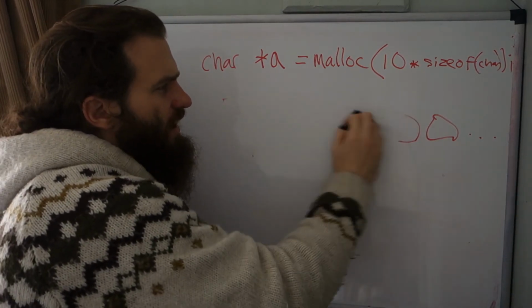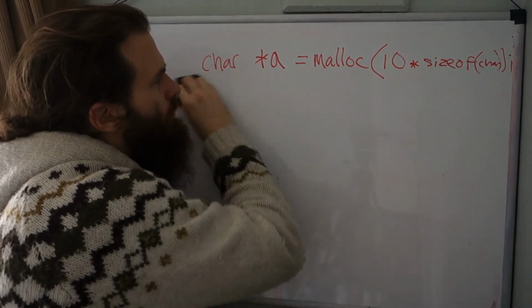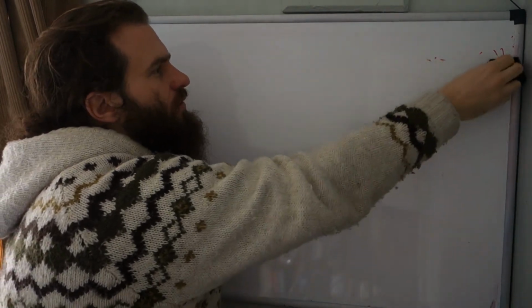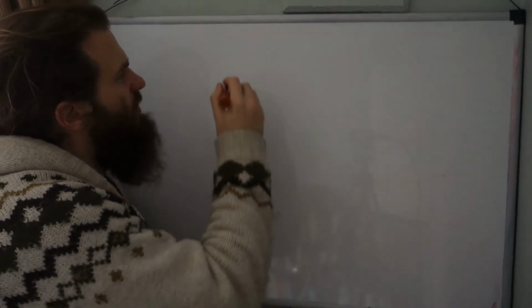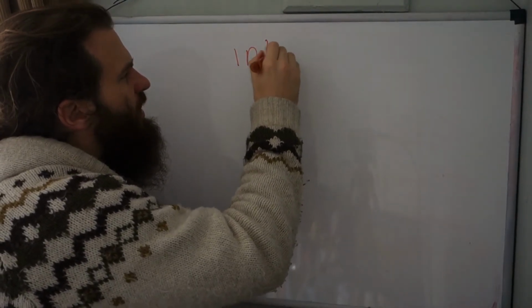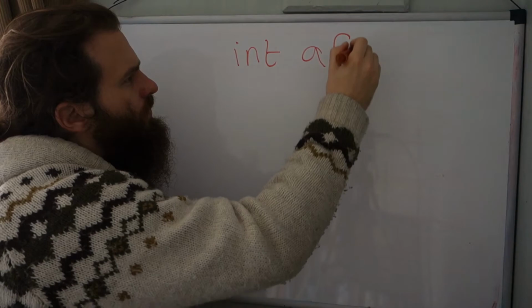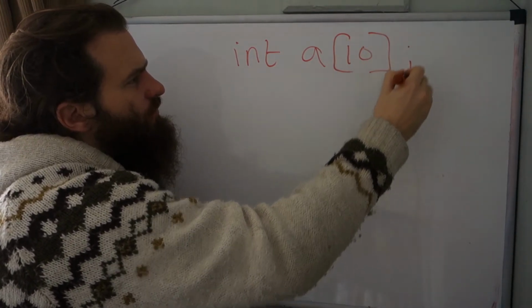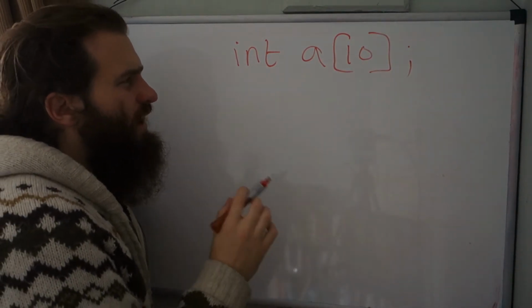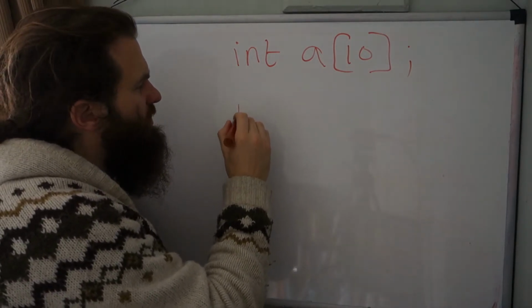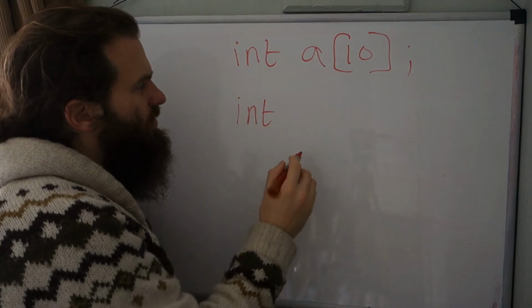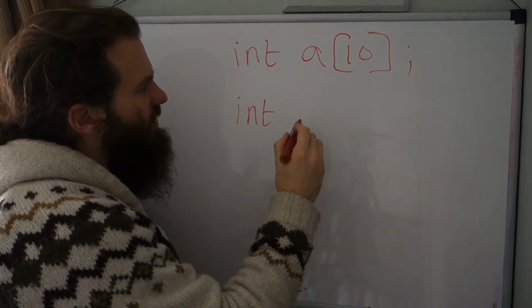So what I want to say now is how you would create a pointer to a statically declared array. Say we statically declared an array called A, having size 10. We can actually create a pointer to that using the ampersand operator.